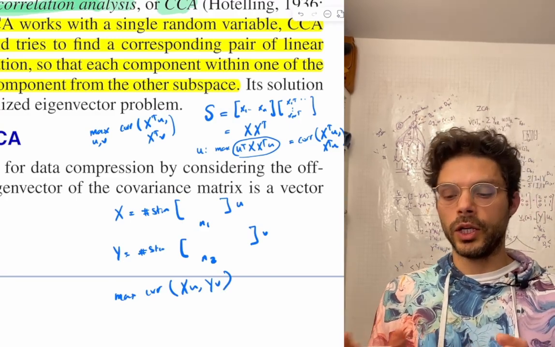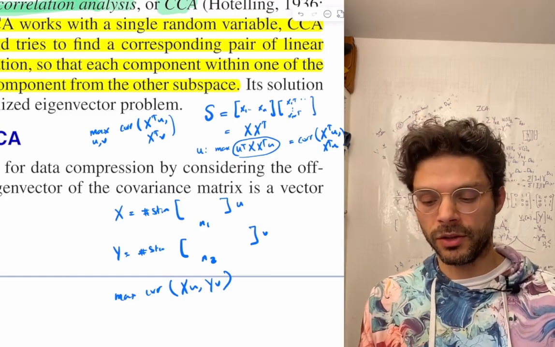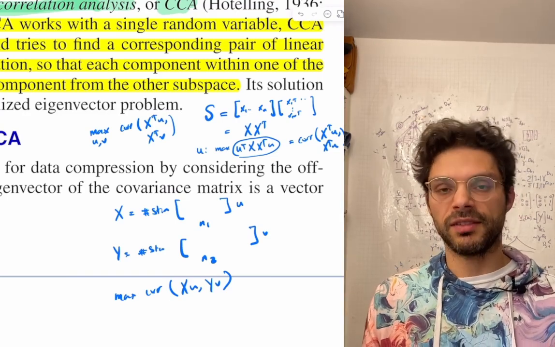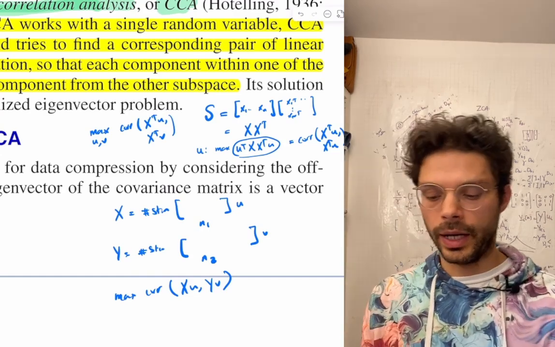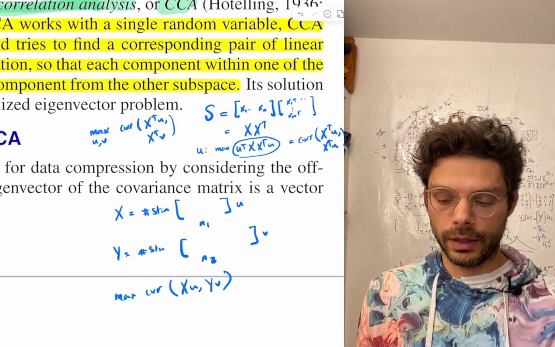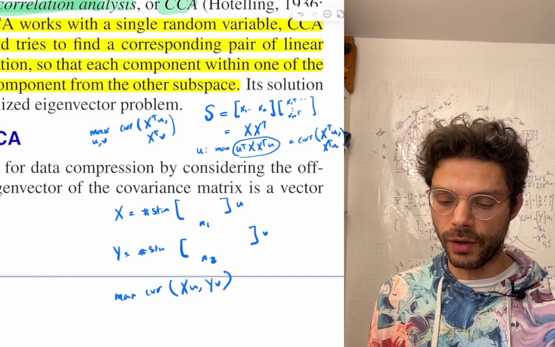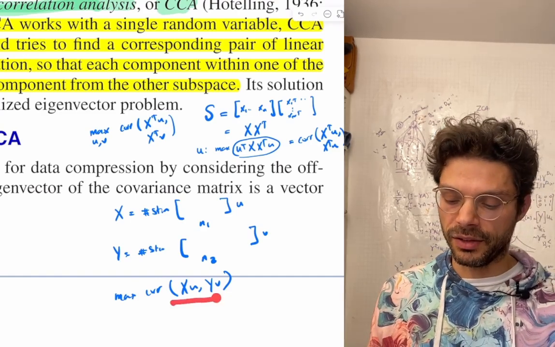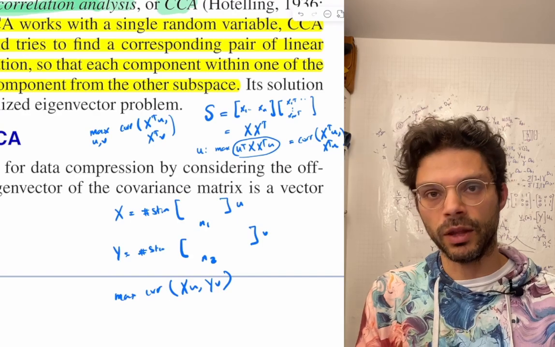You can come up with a basis for the two spaces, the same way that the u's formed a basis for us, such that you maximize the correlations sequentially along the basis elements. So here it's two data sets, two directions, and PCA is a specialization of this, where Y equals X, where the two data sets are the same.